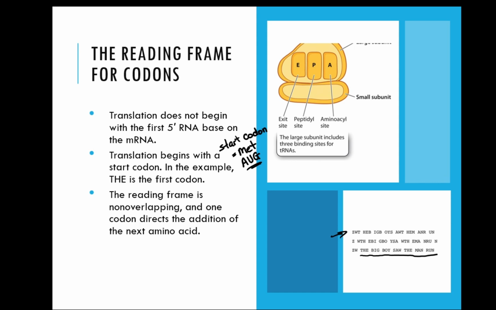That can be catastrophic because it can throw off the reading frame, and now you have just this nonsense. And while some of it might get translated, probably the cell is just going to recognize it as garbage and destroy it. So now you could potentially be missing a very important protein.